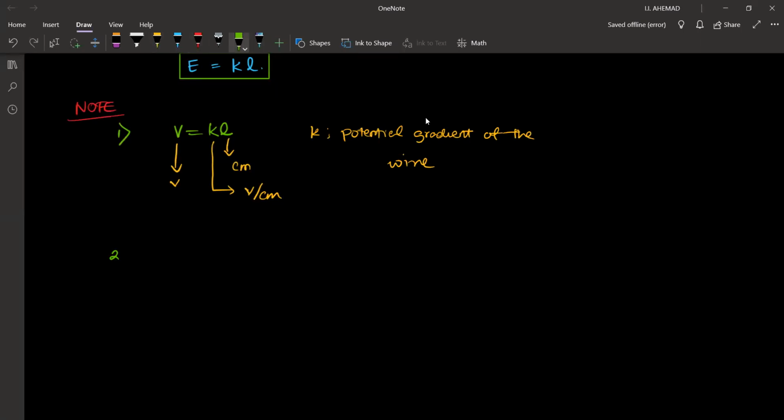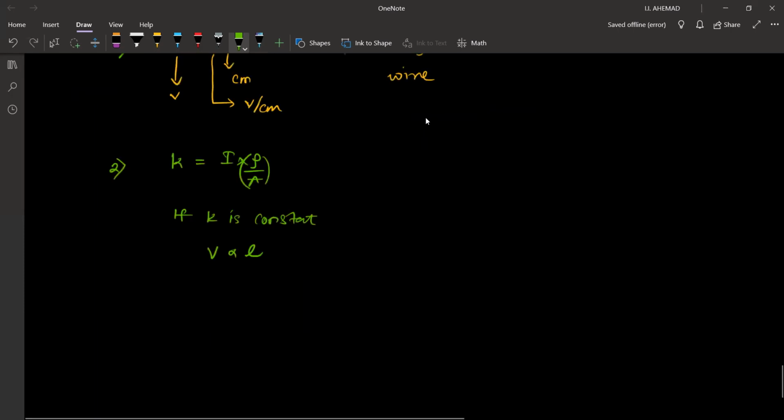Second, now we know that K is equal to I rho over A. Now if K is constant, V is proportional to L. So let's look at how to keep K constant.